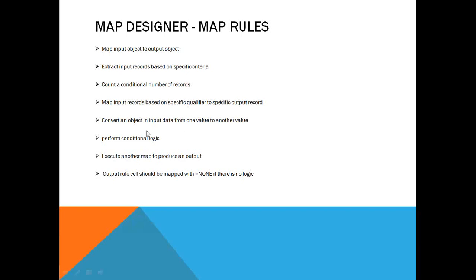Then perform conditional logic, like if-else conditions. That means doing something based on a condition. Then execute another map to produce an output. That means it's like run map. Using the run function, you can execute one map from another map.